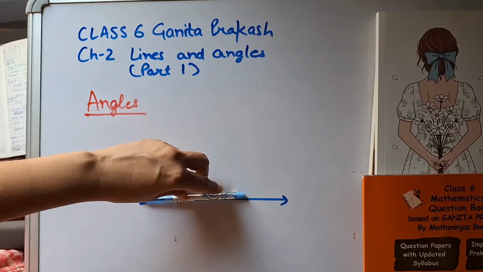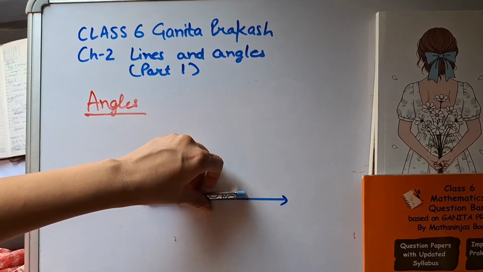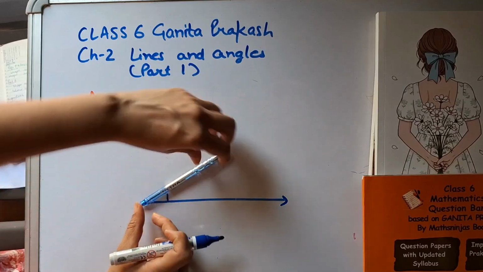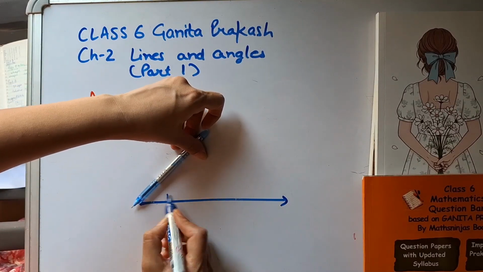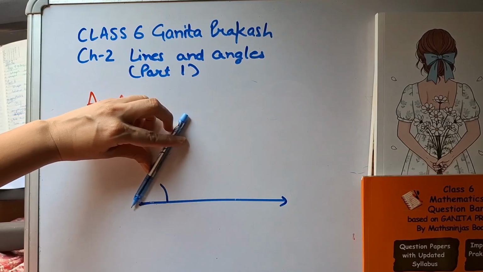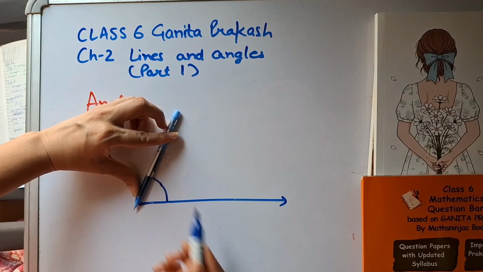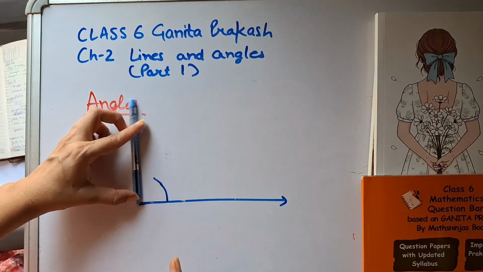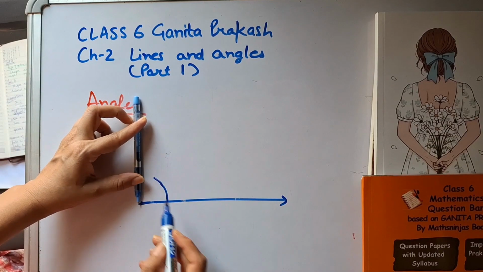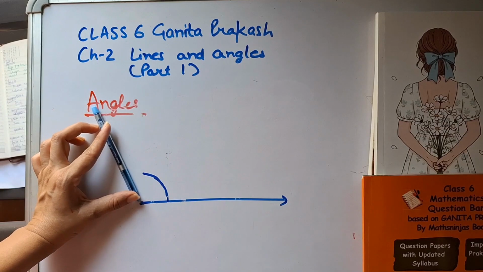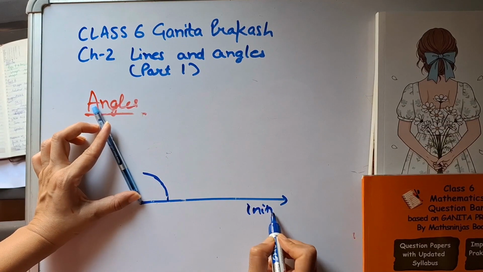Now you made this angle here, then you rotated again and this angle is formed. Then you rotated it, and now this angle is formed between the initial ray and the final ray, and this is the final position.